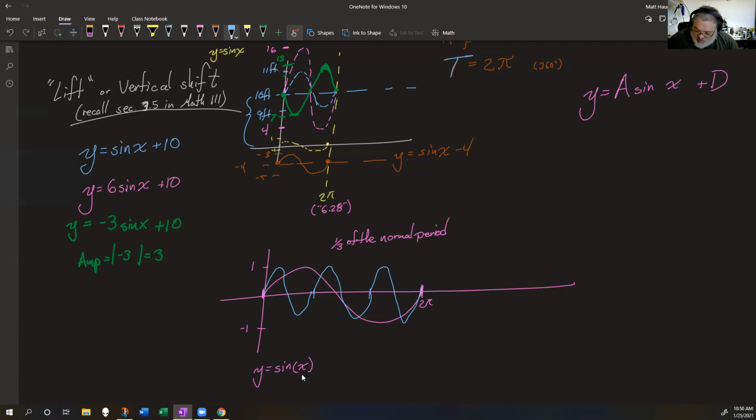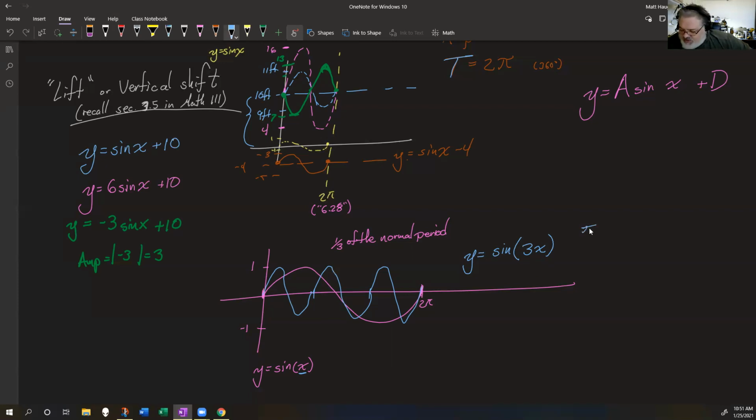Well, to do that, we need those x's to happen 3 times as fast. So if we want those x's to happen 3 times as fast, let's take those x's and multiply them by 3. Going to speed up our x values, speed up our oscillations by a factor of 3, and make our period 1/3 the size.